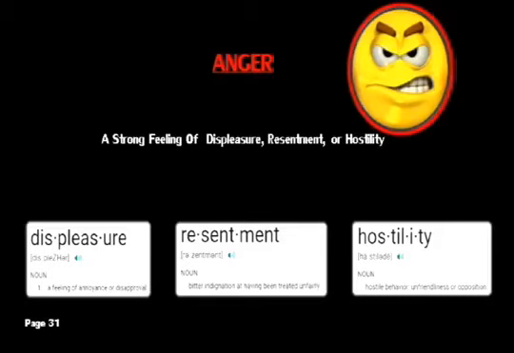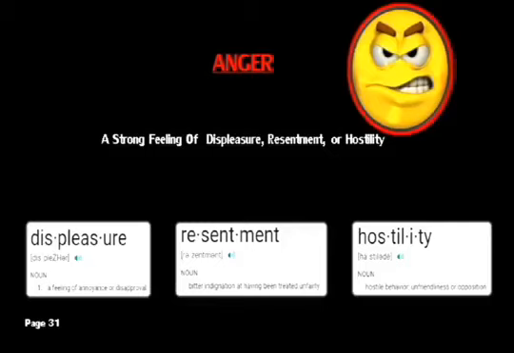And then there's hostility. Hostility means hostile behavior, unfriendliness, or opposition. So we feel anger when we feel like we oppose something, like we're against something, like we feel strongly against a certain thing.